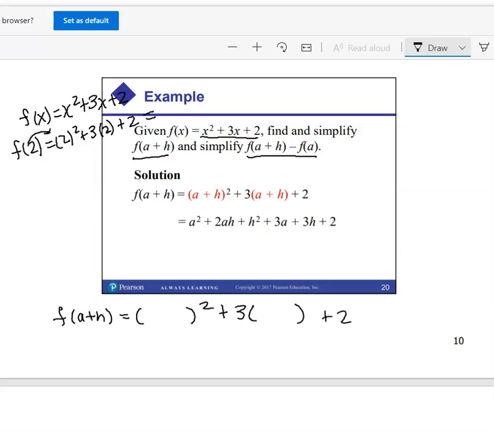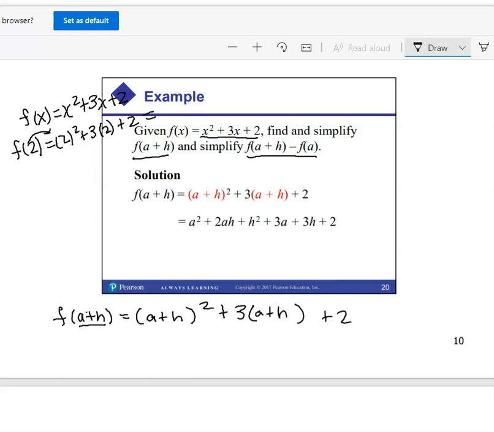All I've done is rewrite this with the x's having blanks. They told you to plug in a 2 up here; now they're telling you to plug in an a plus h. So all of these blanks would get an a plus h.